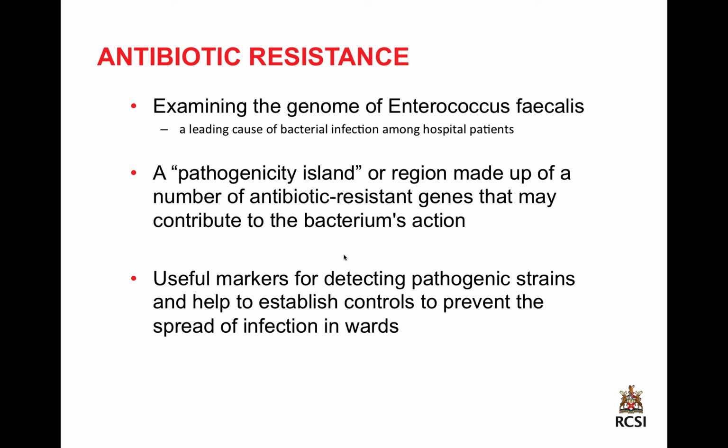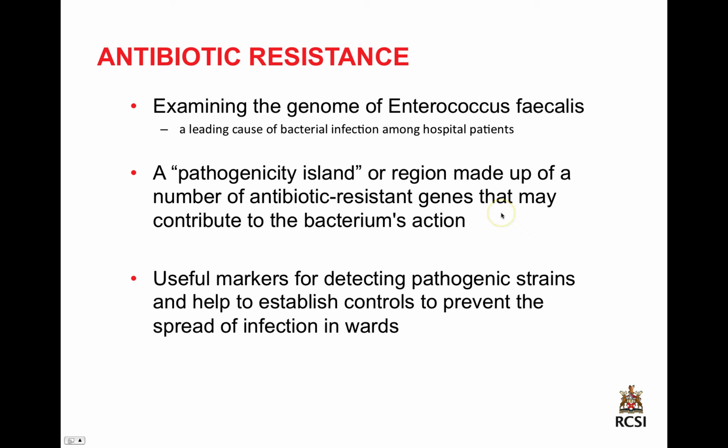And then if we look at antibiotic resistance, we can examine the genome of bacteria that cause infection in hospitals. Hospital acquired infection in hospital patients is a huge issue all around the world. And what's been found is what they call a pathogenicity island, or region made up of a number of antibiotic resistant genes that may contribute to the bacterium's action.